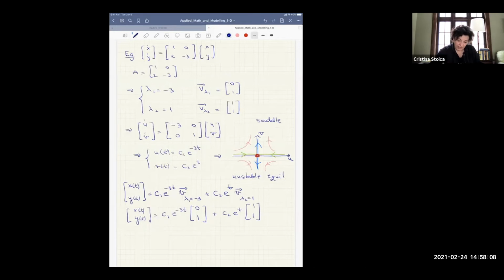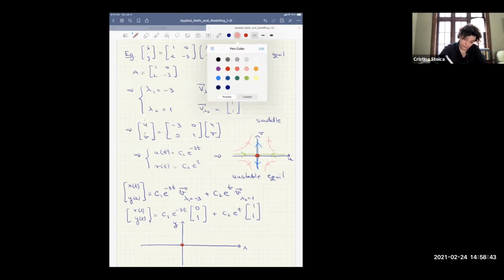Okay, so in XY coordinates, in this case the equilibrium is still 0, 0. So here it is in X and Y. But now I have this vector 0, 1, so X is 0, Y is 1, so it's the vector of direction.